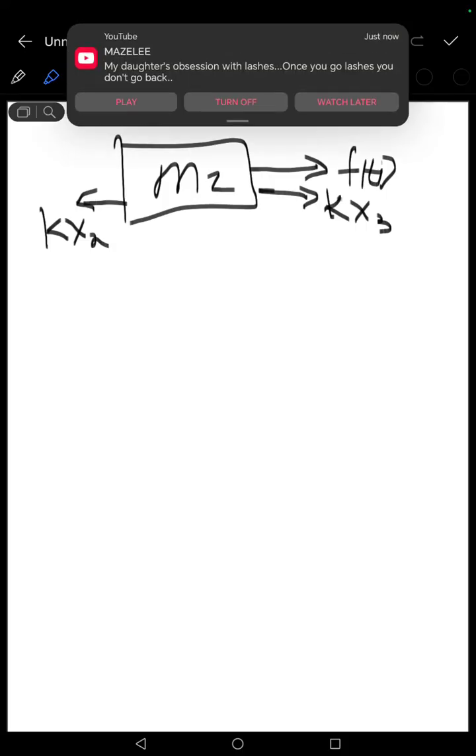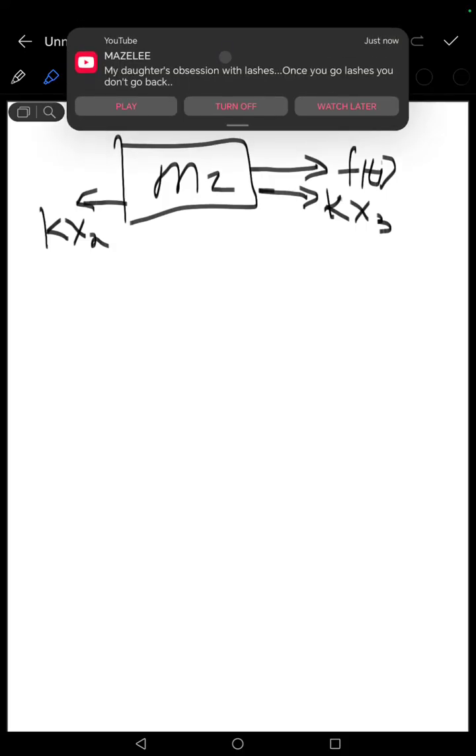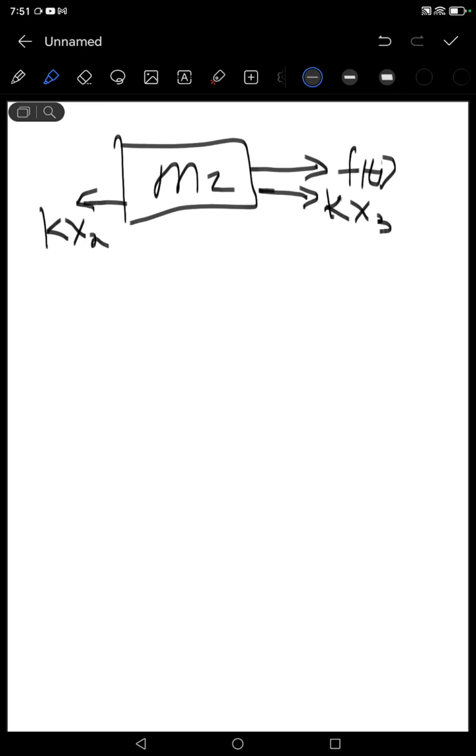Also we have a damper which is between mass 1 and mass 2. So when we pull that mass to the right, the damper is going to oppose, which is connected to mass 2, so it's going to be FV x2 dot.